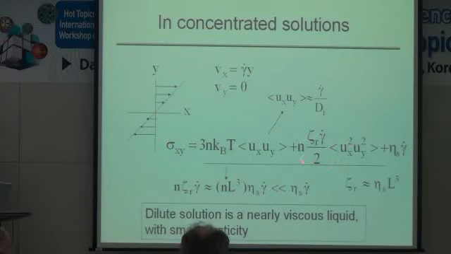But in conclusion, if you put rod-like particles in a solution, the viscosity is higher than the solvent viscosity. It is higher because you have some obstacles in it, and these obstacles disturb the smooth flow of the solvent, and therefore the viscosity of the solution becomes larger than the pure solvent.